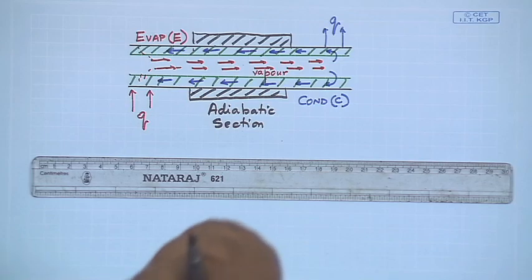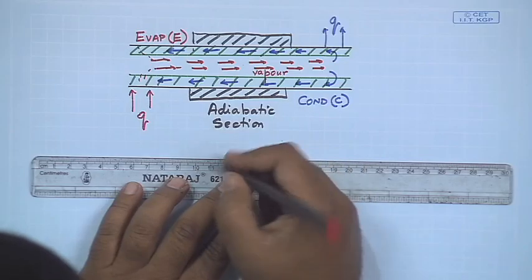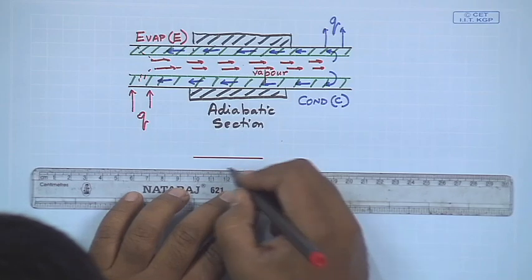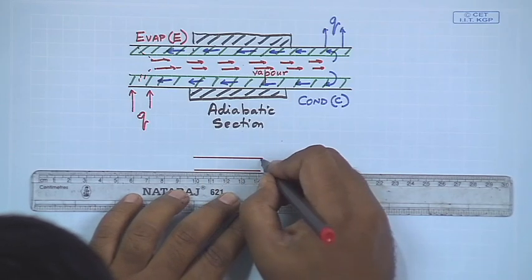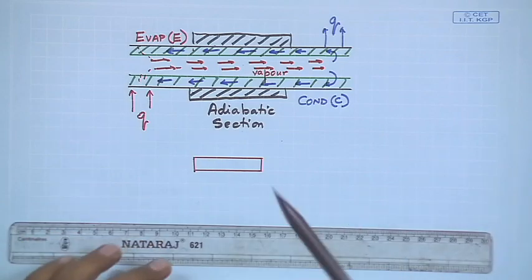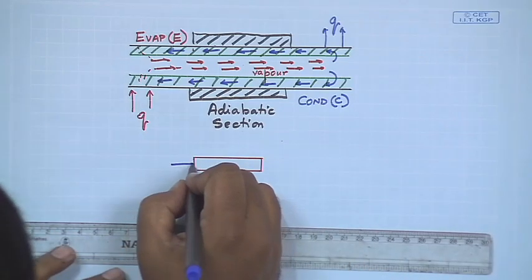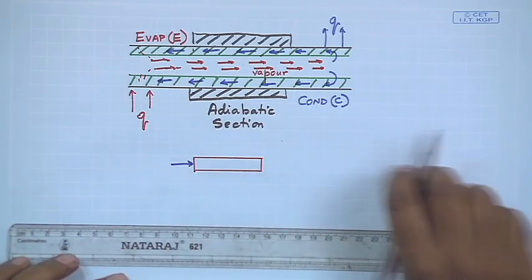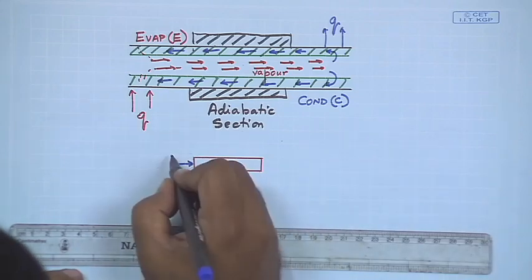We would have studied in heat transfer what a liquid pumped loop is. Let us say I want to have liquid cooling. I have a heat source over here which I need to cool, and I have liquid flowing through it. Cold liquid comes in.